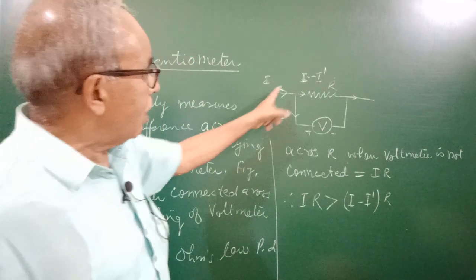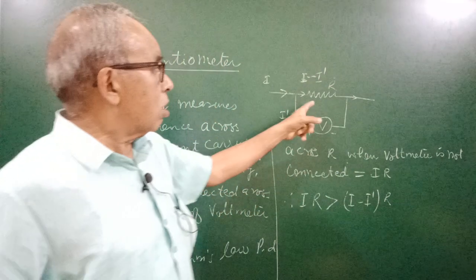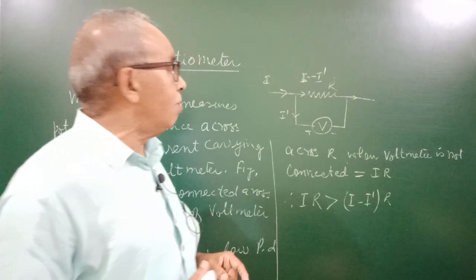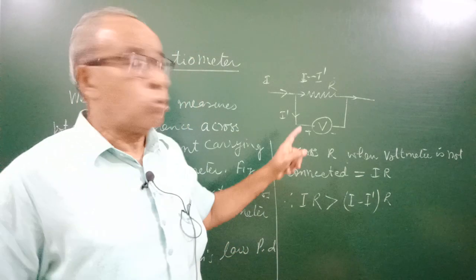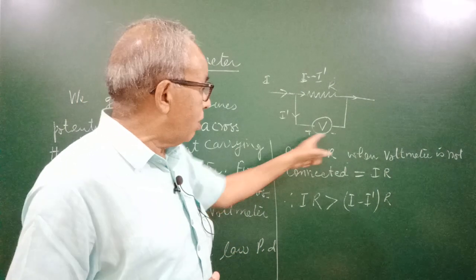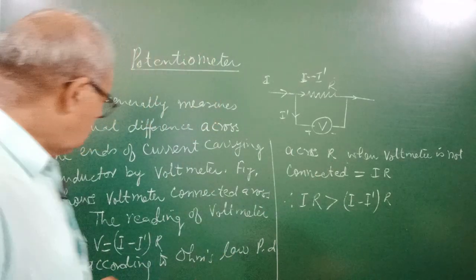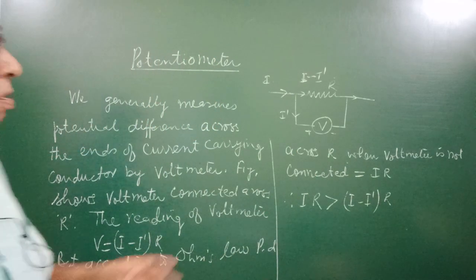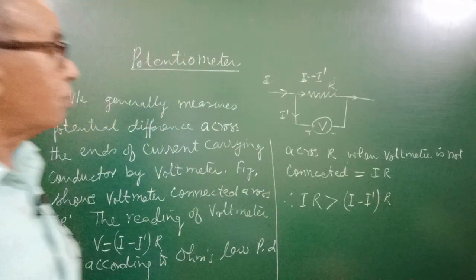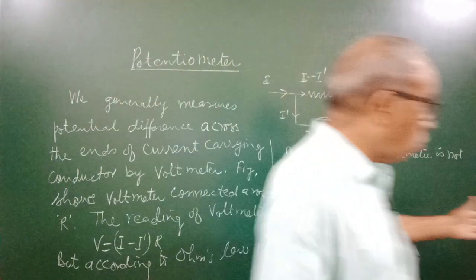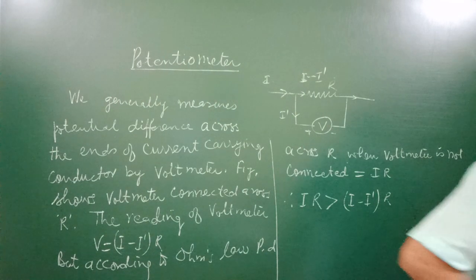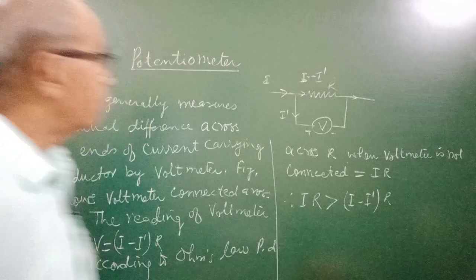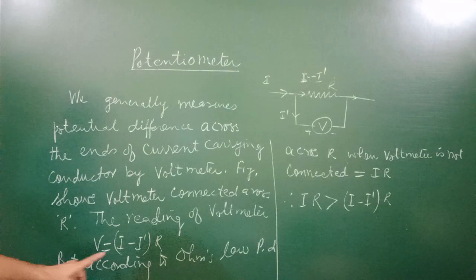On passing current I through the system, the current through the resistance will be I minus I dash, because I dash current has been taken by the voltmeter. So the potential difference, the voltmeter reading across R, will be V equal to (I minus I dash) into R.